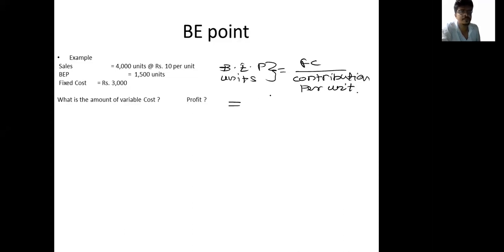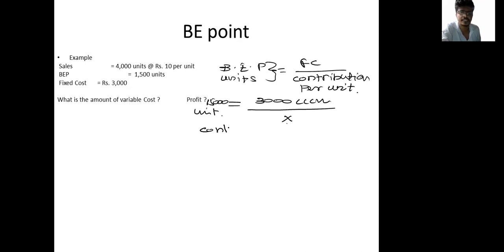Here fixed cost is 3,000 rupees, contribution per unit we don't know, but we know the answer for BEP, 15,000 units.